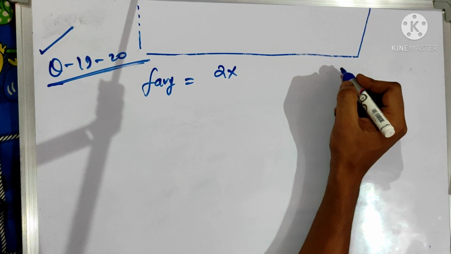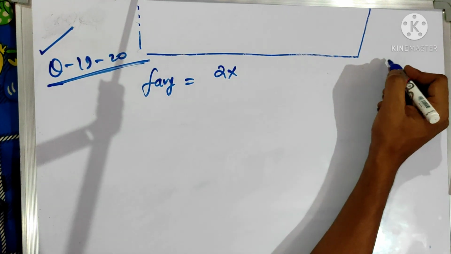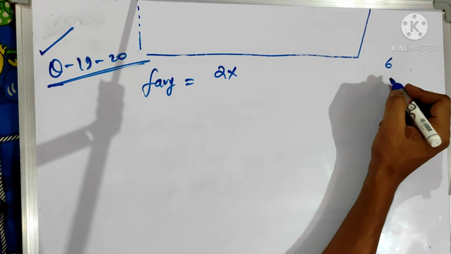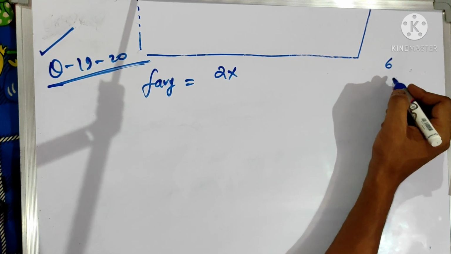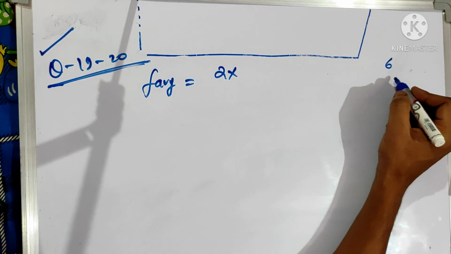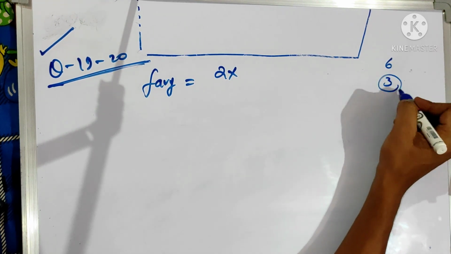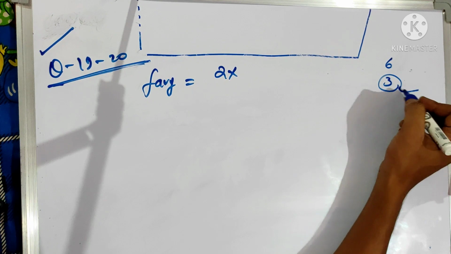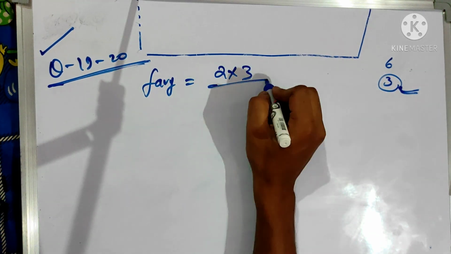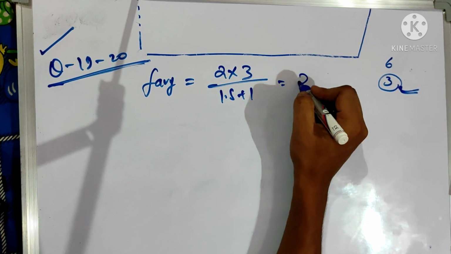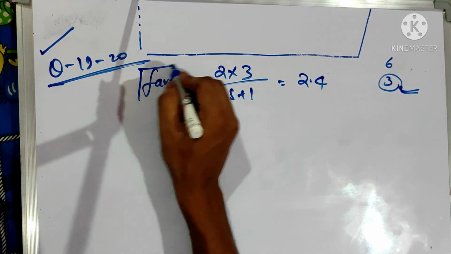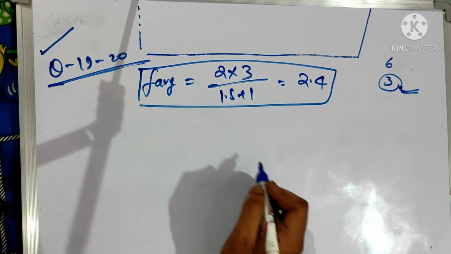For the pentathiol, the equivalent is equal to 6, and for the tricarboxylic acid, the equivalent is equal to 3. So the limiting equivalent is equal to 3. So 3 divided by the total moles, 1.5 plus 1, is equal to 2.4. Then the average functionality is equal to 2.4.